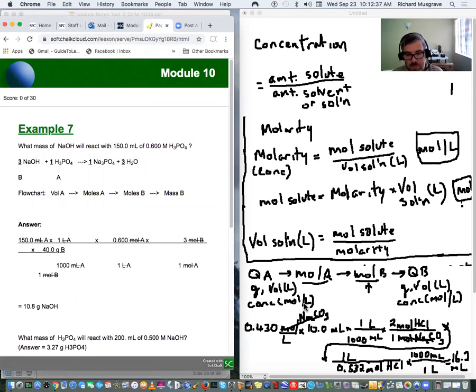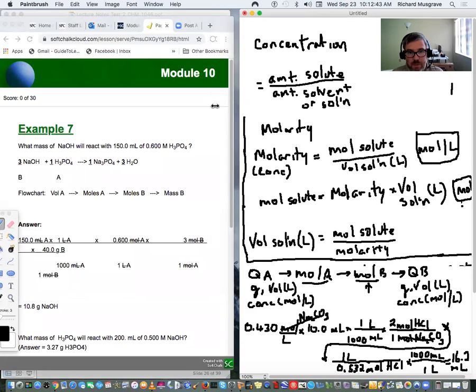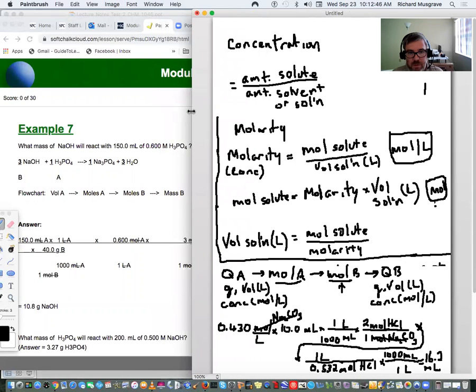Okay, let's look at another example here. I'm going to try and stretch this out a bit so that I can have a bit more room to work with.